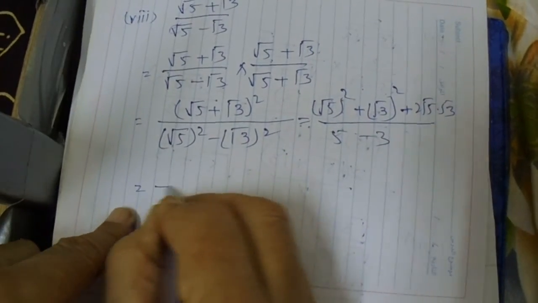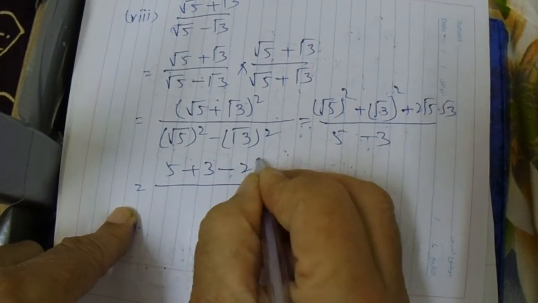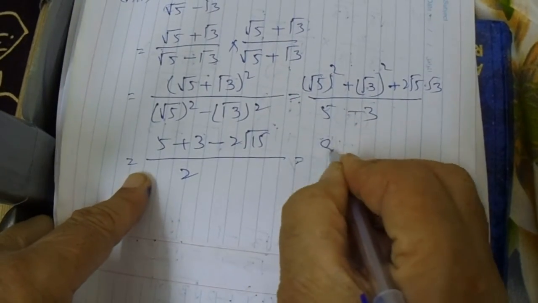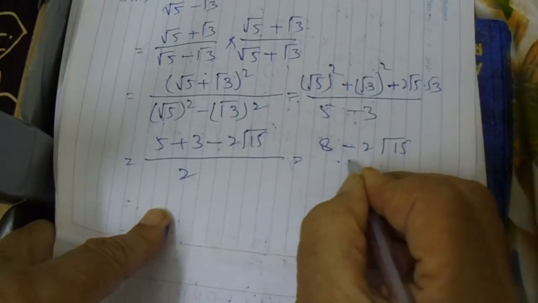Again it is equal to 5 plus 3 minus 2 under root 15. In the denominator 2, so 5 plus 3 is 8, and minus 2 under root 15 over 2.